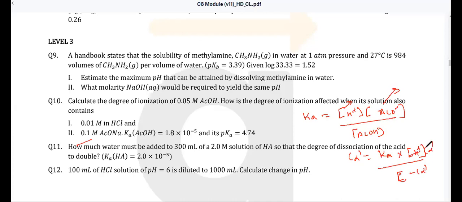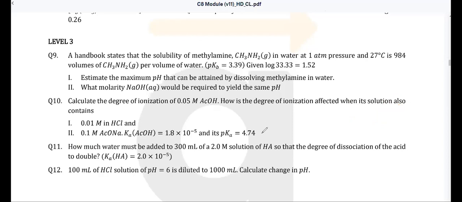This is also C alpha dash. C will get cancelled. Sorry, I made a small mistake while writing. So alpha dash is equal to Ka, okay everyone?